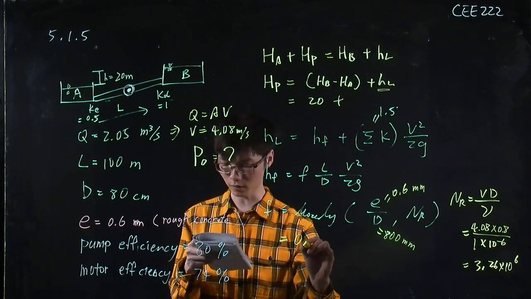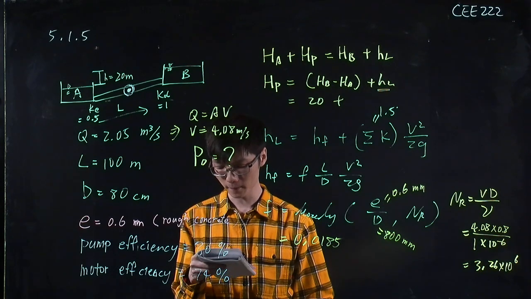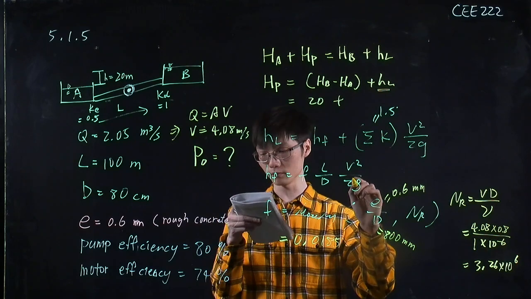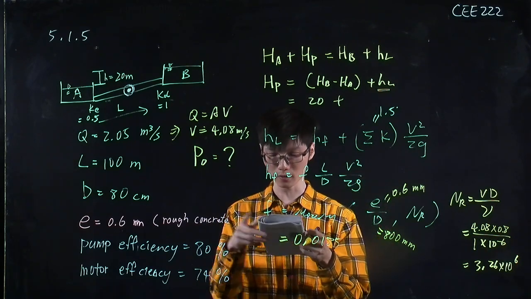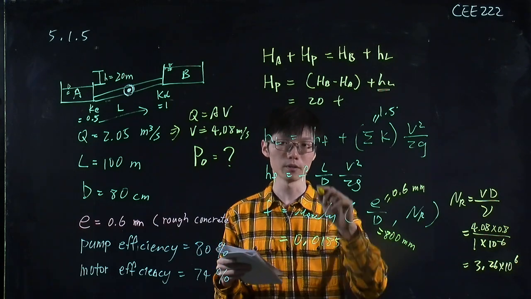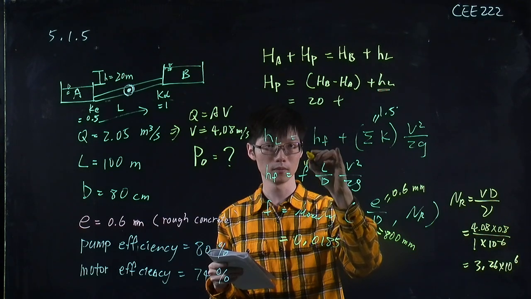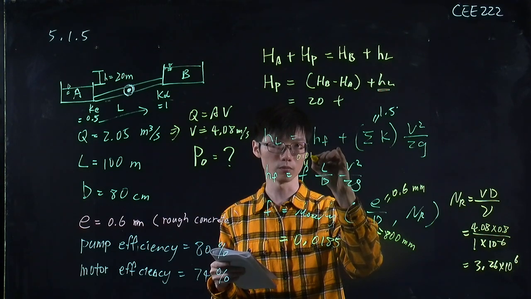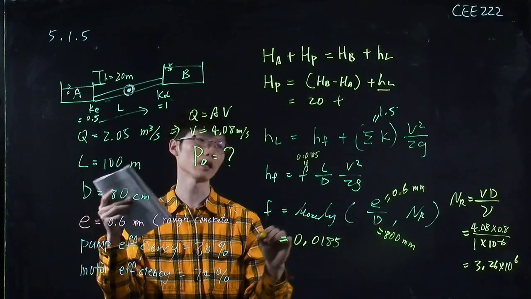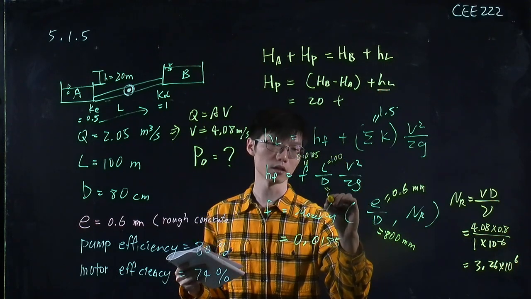is 0.0185. So we can further calculate the friction head loss, because now you know this number is 0.0185, and the length is 100 meter, and diameter is 0.8 meter.